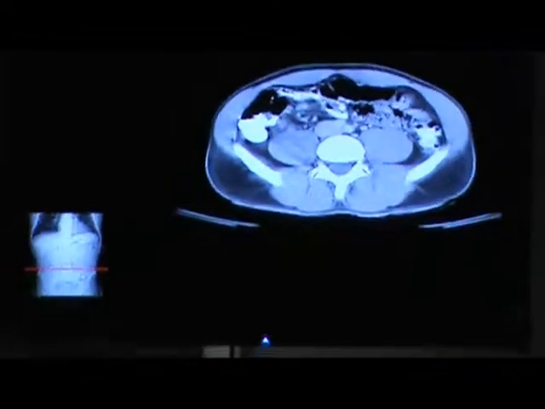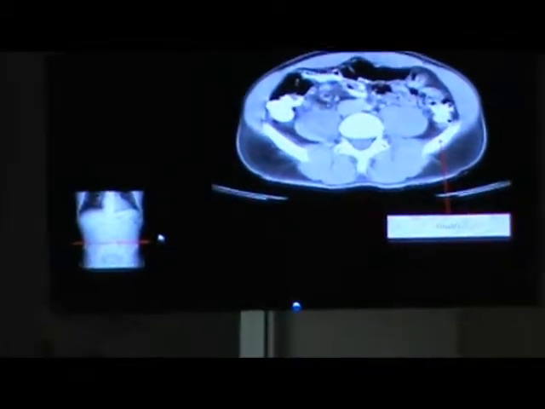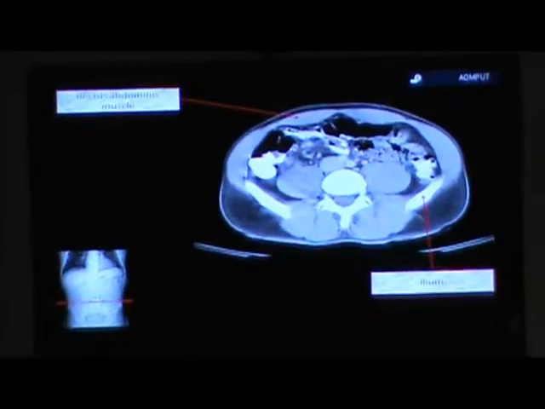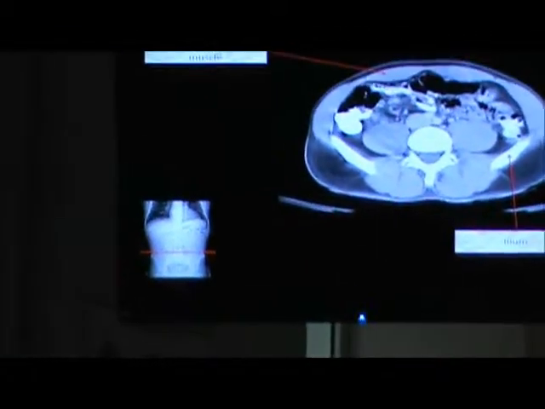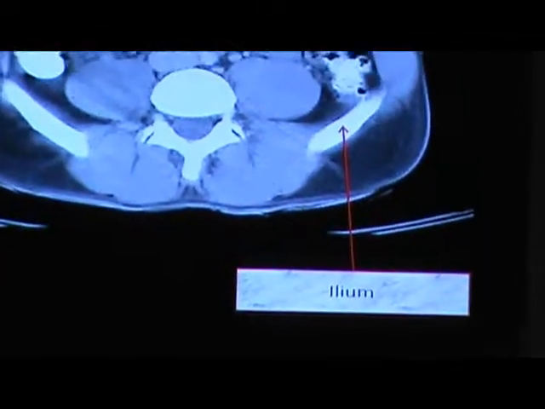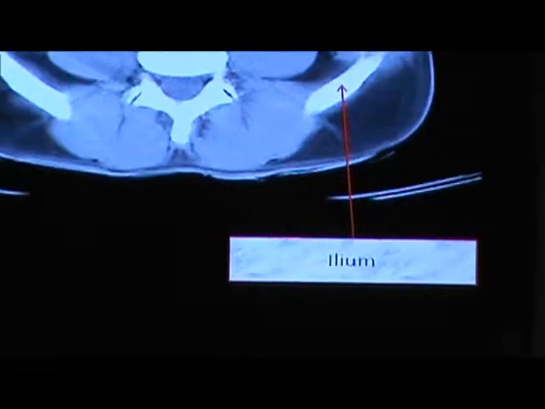Okay, and the next picture shows the CT scan of the abdominal cavity at the level of the superior margins of the pelvis. So we are at this level, and we have some structures that create the anterior, lateral and posterior wall of the abdominal cavity, mainly muscles, which we can see here.